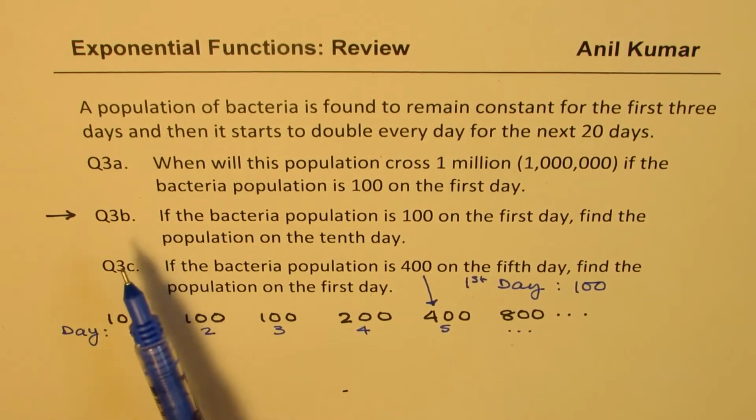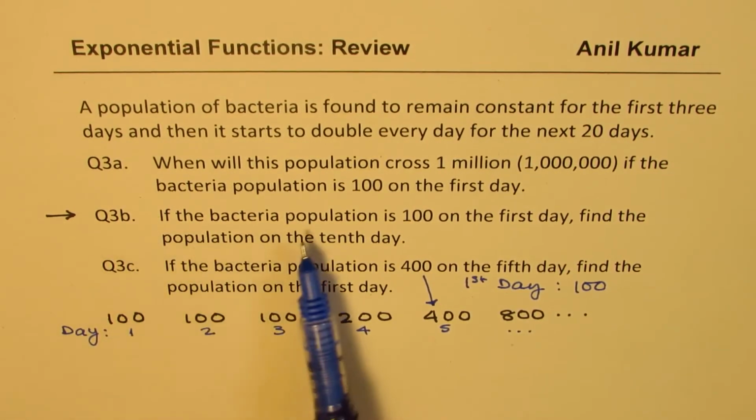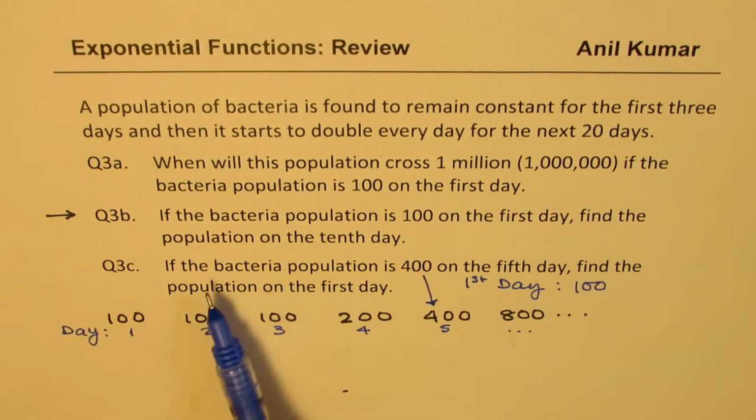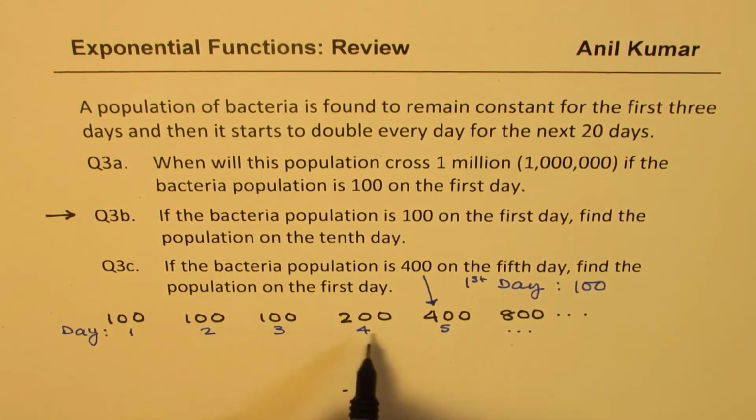So that is the answer for C. Now let's try to figure out the answer for B. If the bacteria population is 100 on the first day, find the population on the 10th day. Now you observe that it starts really doubling after 3 days, and therefore we could write this equation in exponential form. Doubling means times 2.